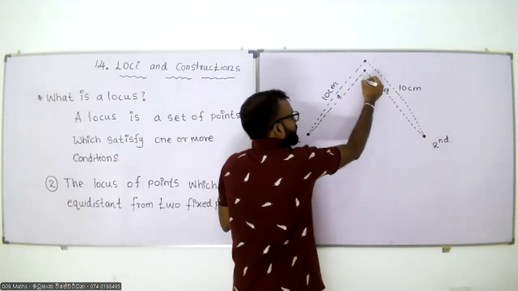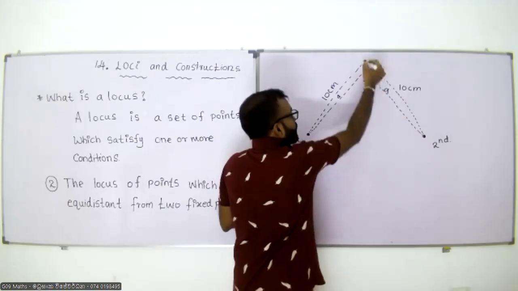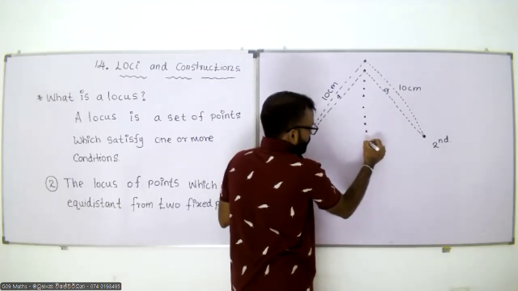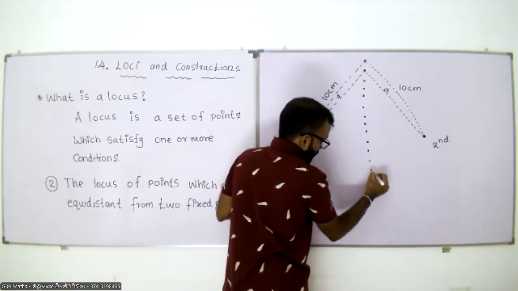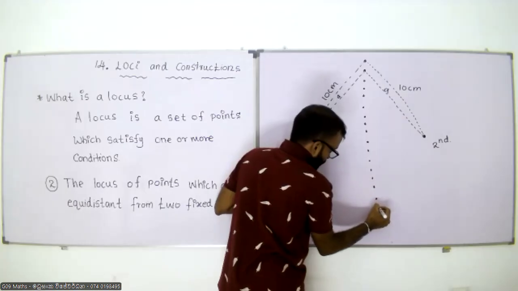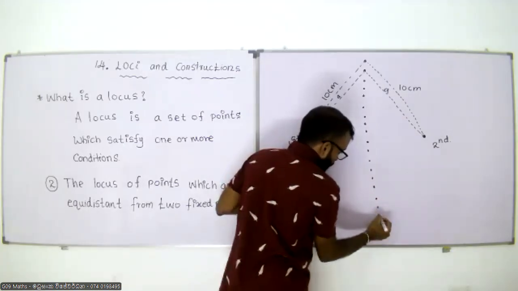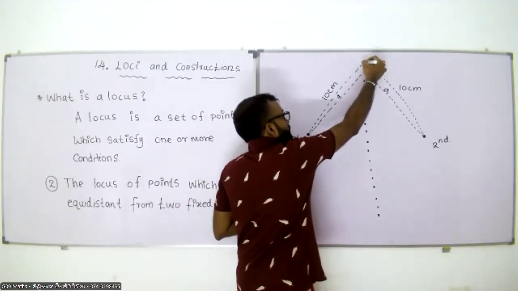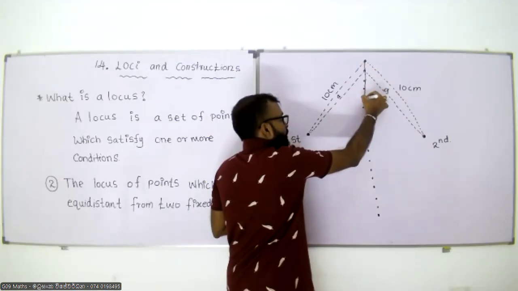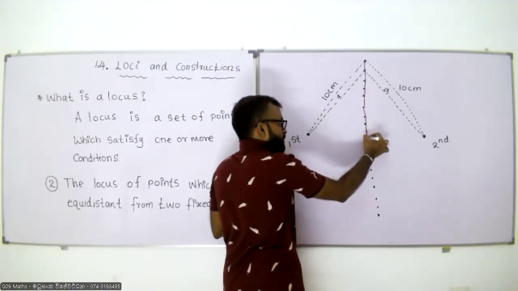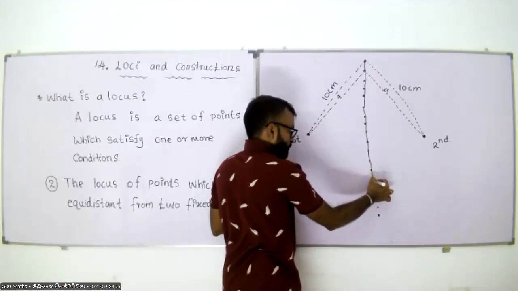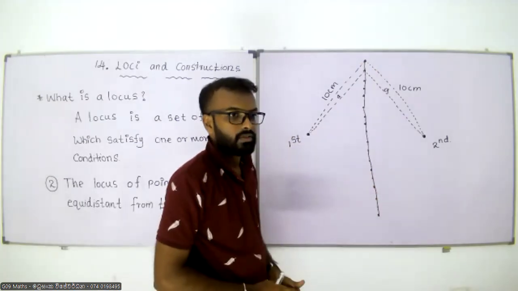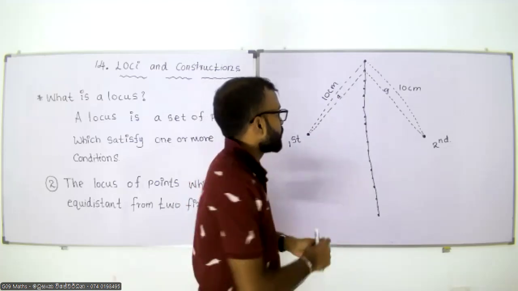I'm going to draw like that from top to bottom. These are my set of points from top to bottom. And then finally I am going to join each and every point here, from top to bottom.